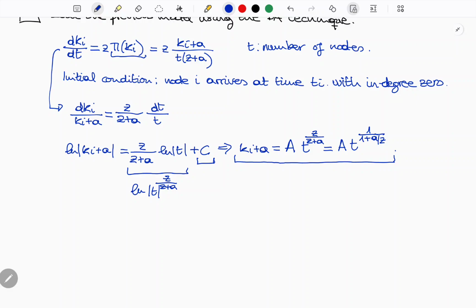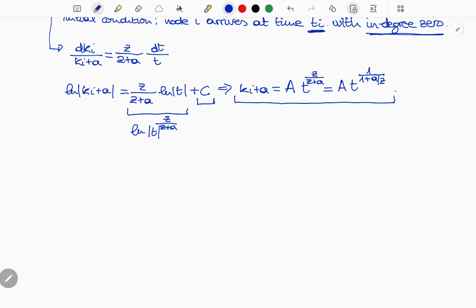Remember now that when t is equal to ti, the in degree has to be equal to 0. This is the way to obtain the value of the constant. So we know that at t equal ti, ki is equal to 0.